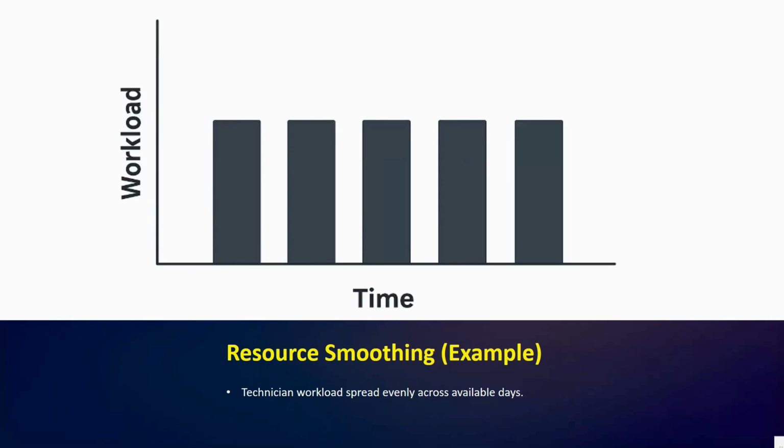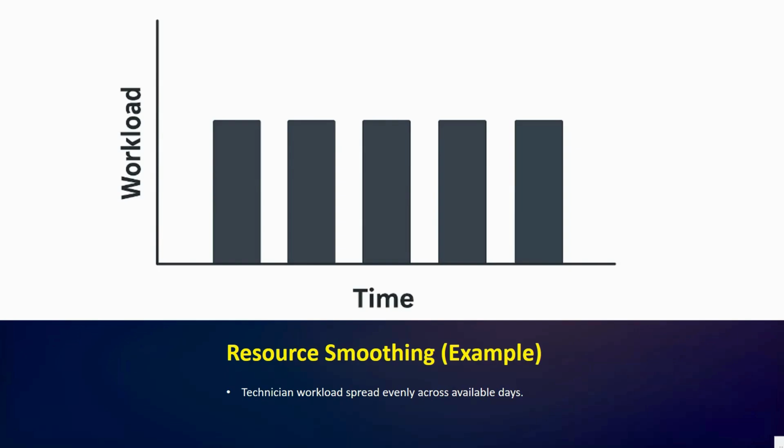Okay, so next we have resource smoothing example. So here we have the technician workload spread evenly across available days. Here you can see workload and time. So imagine a technician who has too much work scheduled on day 1 and very little workload scheduled on day 3.